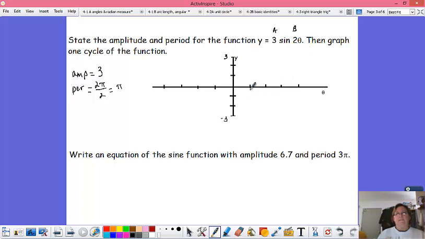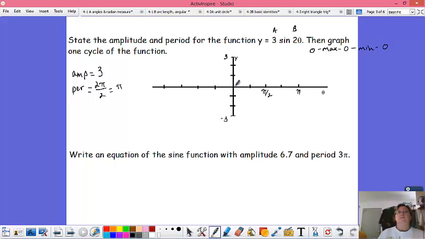I know that you can graph the sine and cosine in 4 steps, right? 4 steps. So if I make this pi, that would make this half of it, or pi halves. Now I'm good to graph my sine wave, realizing that sine follows the pattern 0, max, 0, min, 0.